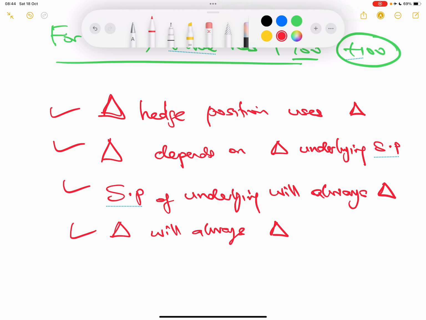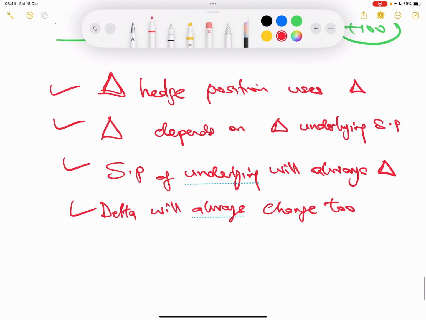Let me write it, because using the symbol might be confusing. So let me just put delta. Delta will always change. And what does that mean for us?